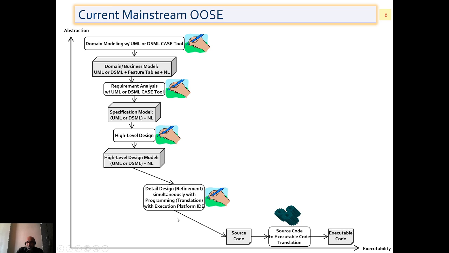Then detailed design is refined to realize the source code, and source code to executable code translation. That is, source code is being written. Does it mean that it is directly executable? The answer to that is no.